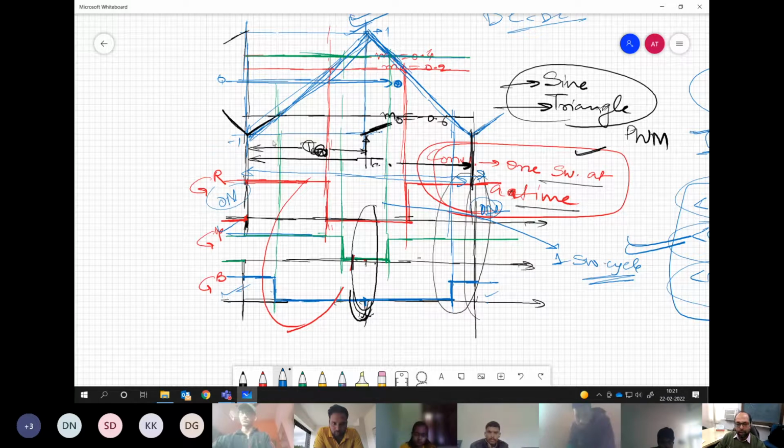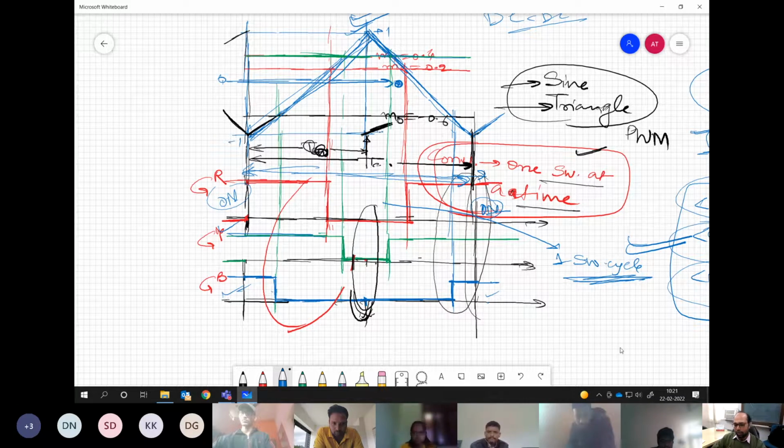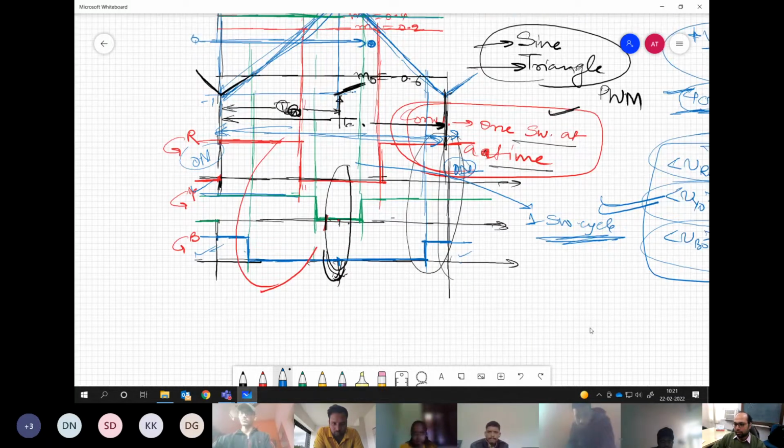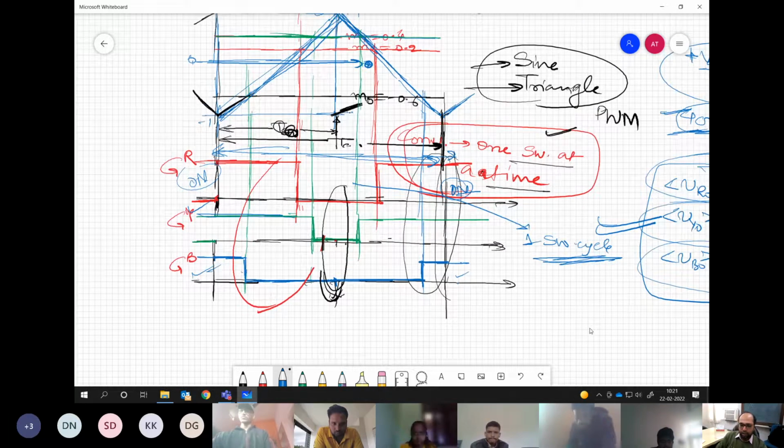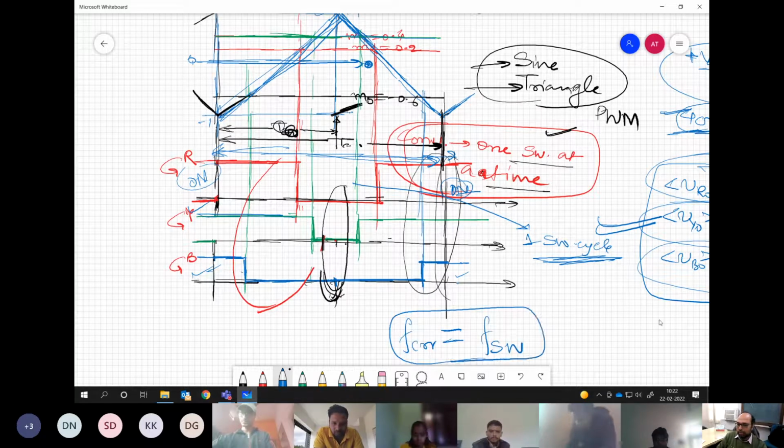Hence the carrier frequency is the same as the switching frequency for two-level converters. You understand the point? If I write f_cr as the carrier frequency, the switching frequency is exactly the same as that. So per carrier cycle, we are having one switching cycle. That's what we are seeing over here.